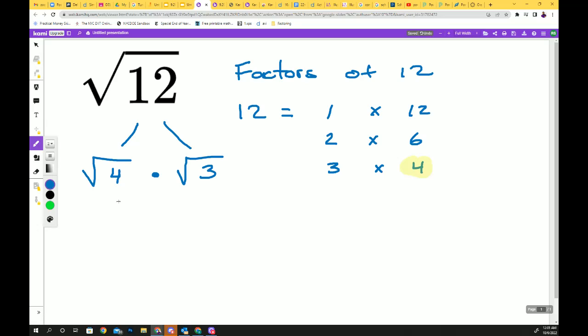But now I can simplify the square root of 4, because we know that is 2 times the square root of 3. And another way we can write this is just 2 square root of 3. This right here is the simplified version of the square root of 12.